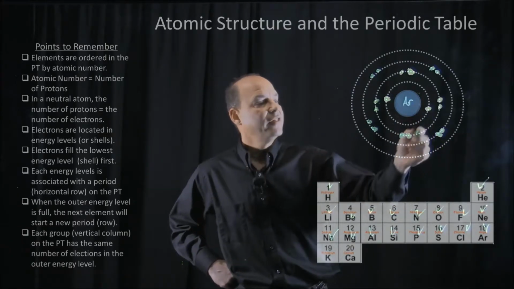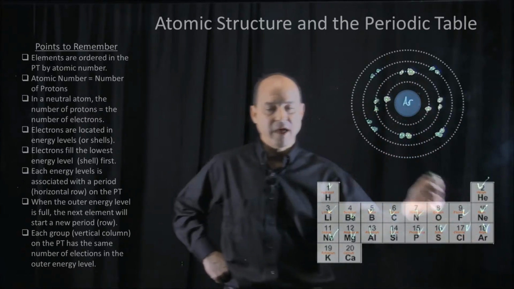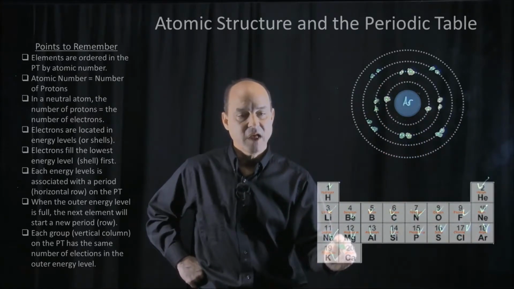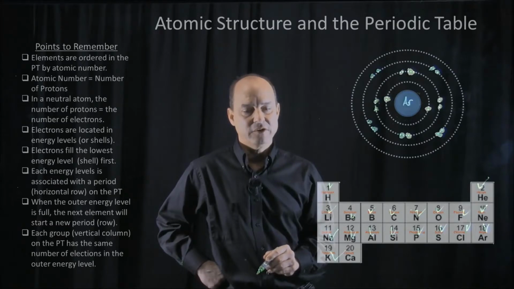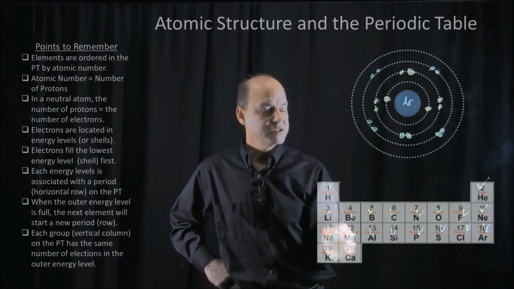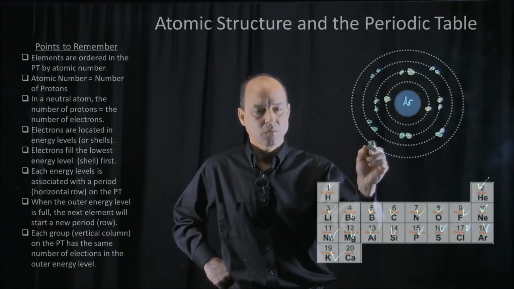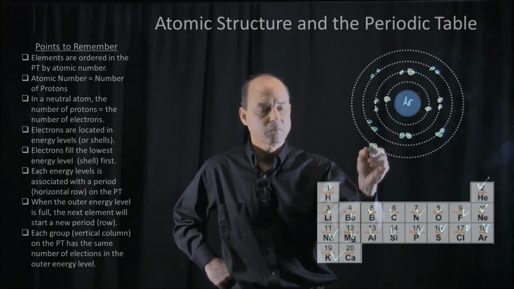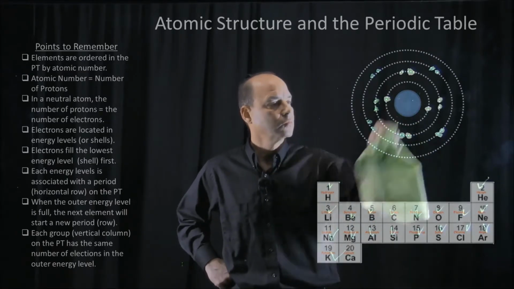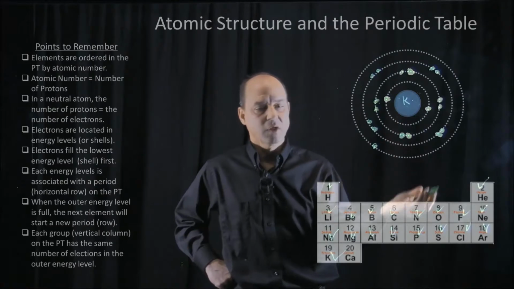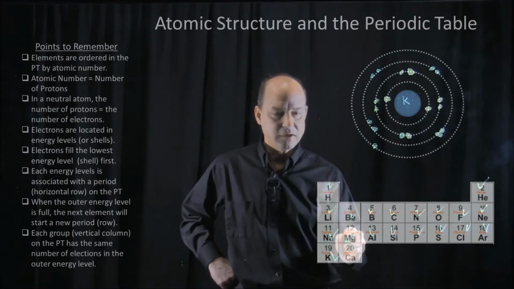So now this one is full, because when I come back and I build potassium, I have to start on a new energy level. All right, so let's just build these last 2. So here's potassium. Oops. Potassium. That's what potassium looks like, and calcium.